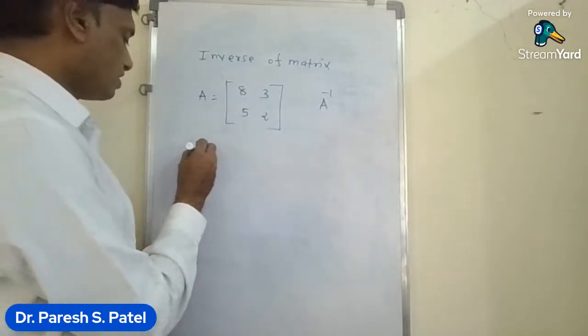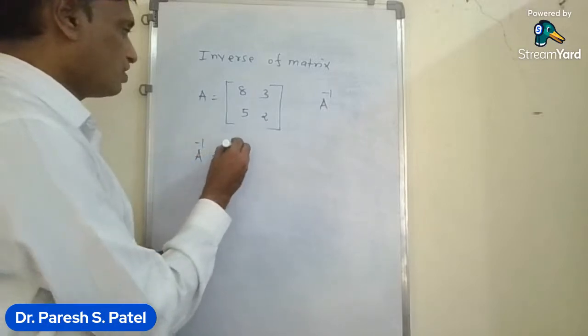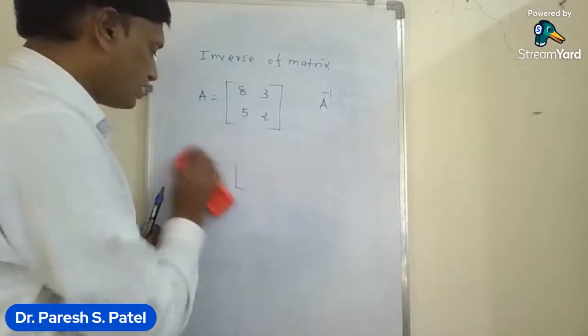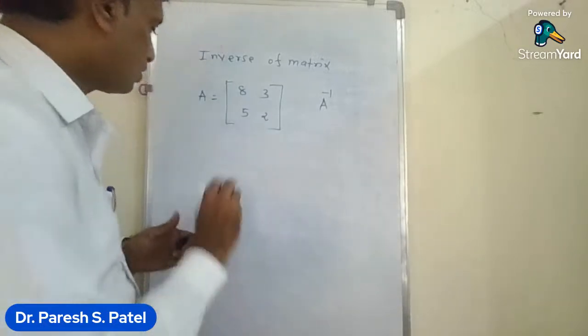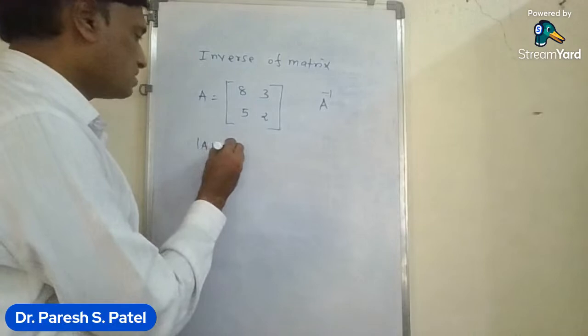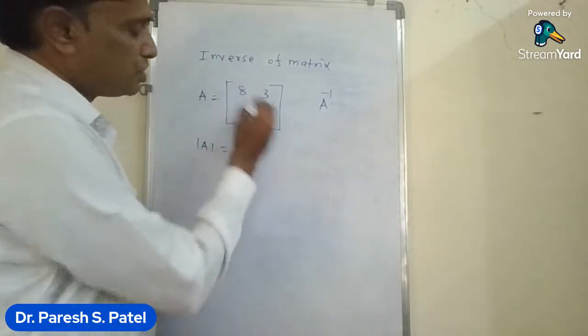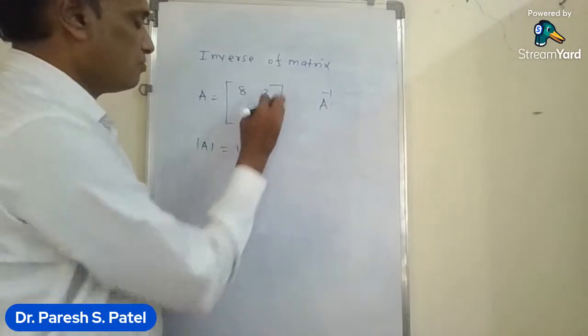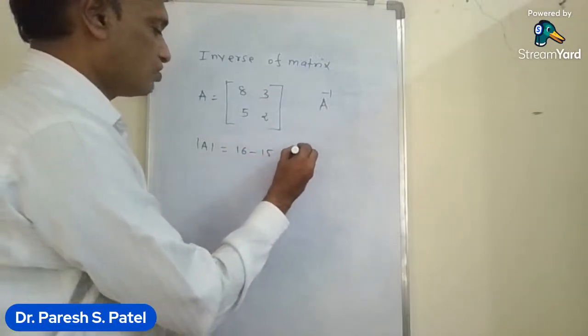So first of all, A inverse is equal to... the first step is to find out the determinant of this matrix. So the determinant of this matrix is equal to the combination of diagonal elements. It means 8 times 2 is 16 minus 5 times 3 is 15, which is equal to 1.